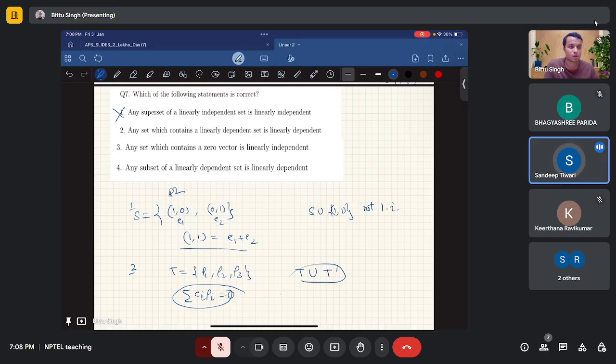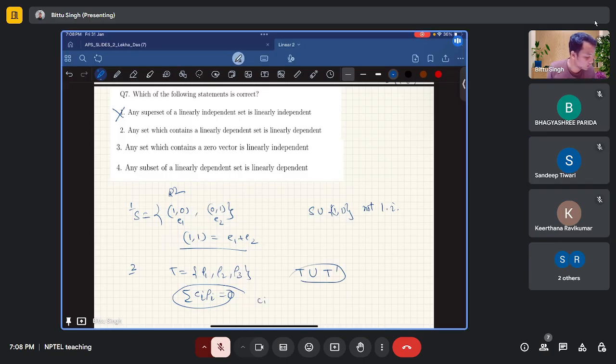One more condition it is for T, thanks for the correction: for some Ci non-zero, that is, there exists at least one i for which Ci is non-zero.